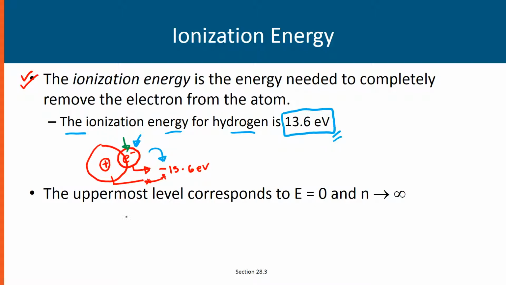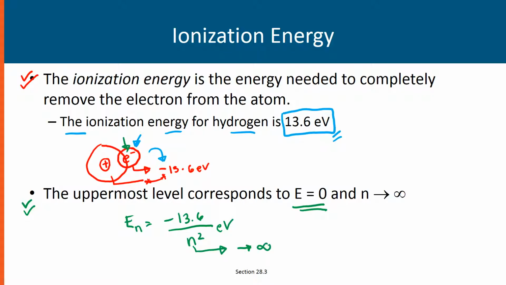Alright, so with the equation E sub n is equal to negative 13.6 divided by n squared, in electron volts, this tells us that the uppermost level would correspond to E equal to 0, and that is because n here would approach infinity.